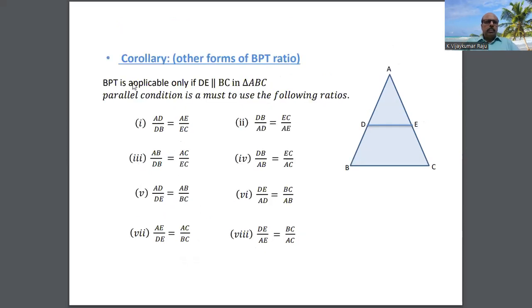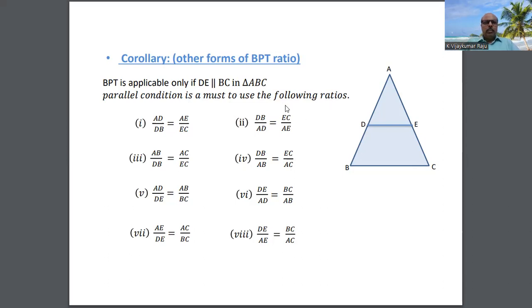BPT is applicable only if DE is parallel to BC in a triangle ABC. If this condition is satisfied, then all 8 ratios come into play. Else, you cannot apply the basic proportionality theorem. So the parallel condition is a must to use these ratios.